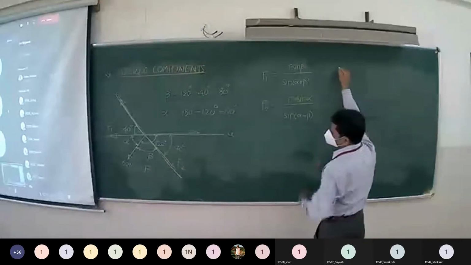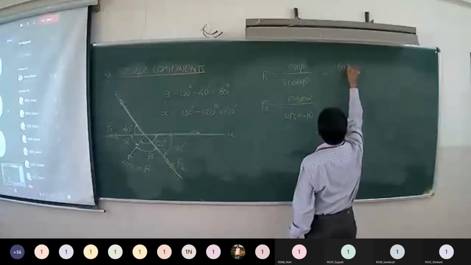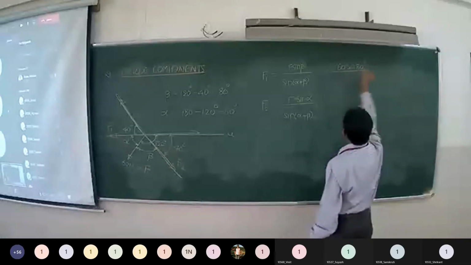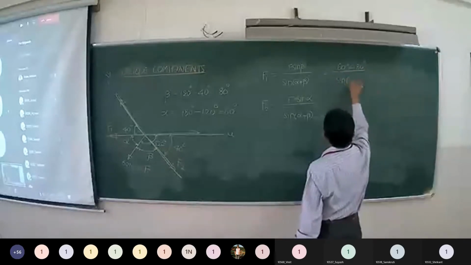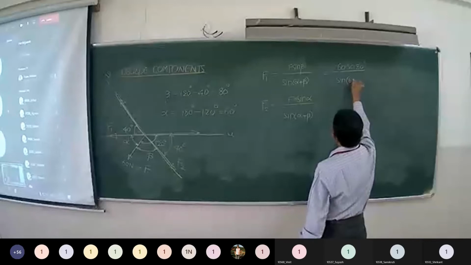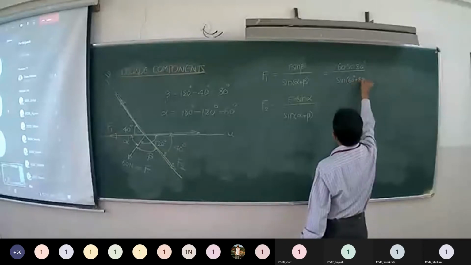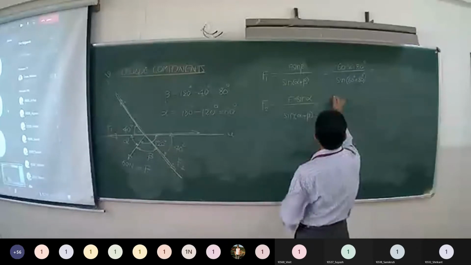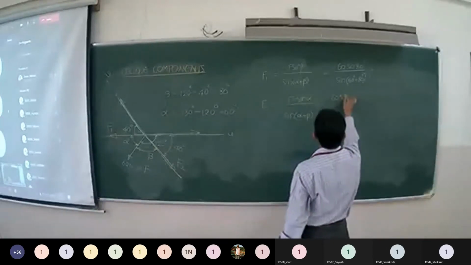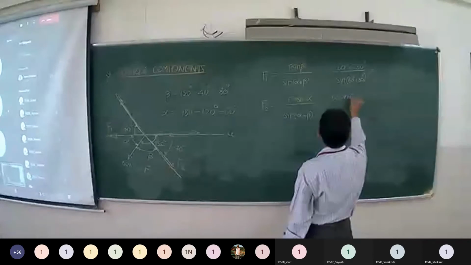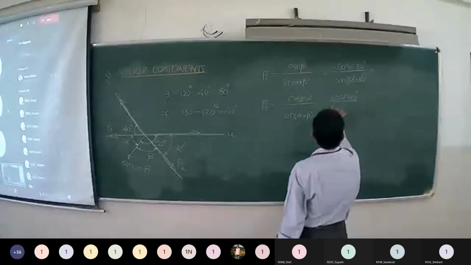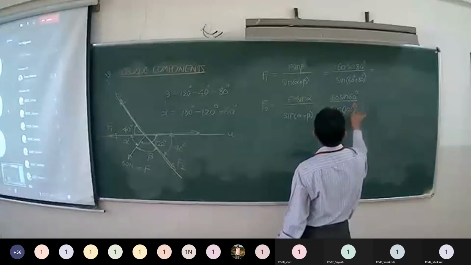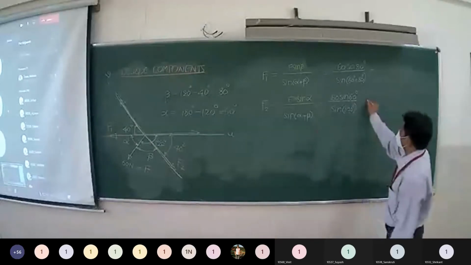So F1 is equal to 60 sin 80 upon sin 60 plus 80. Similarly, F2 is 60 sin 60 upon sin alpha plus beta, that is 60 plus 80, 140.